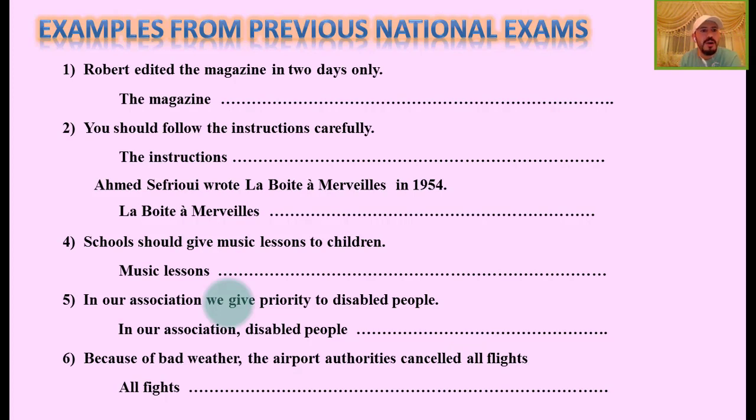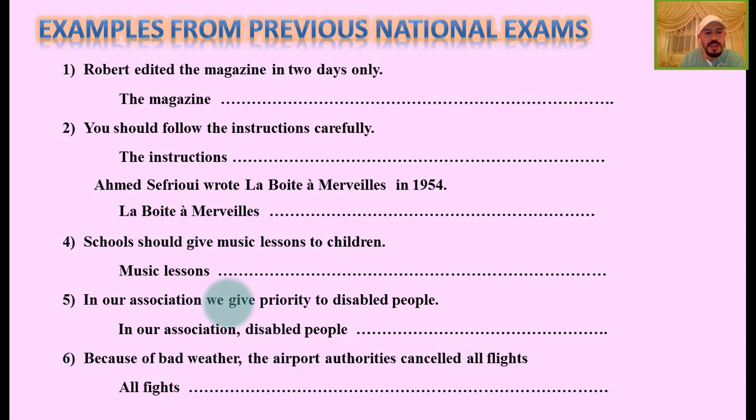So we have number one, Robert edited the magazine in two days only. And you're going to start with the word magazine. Number two, you should follow the instructions carefully. So I'm going to start with the instructions. Number three, Ahmed Sfraoui wrote La Boîte à Merveilles in 1954. Number four, schools should give music lessons to children.